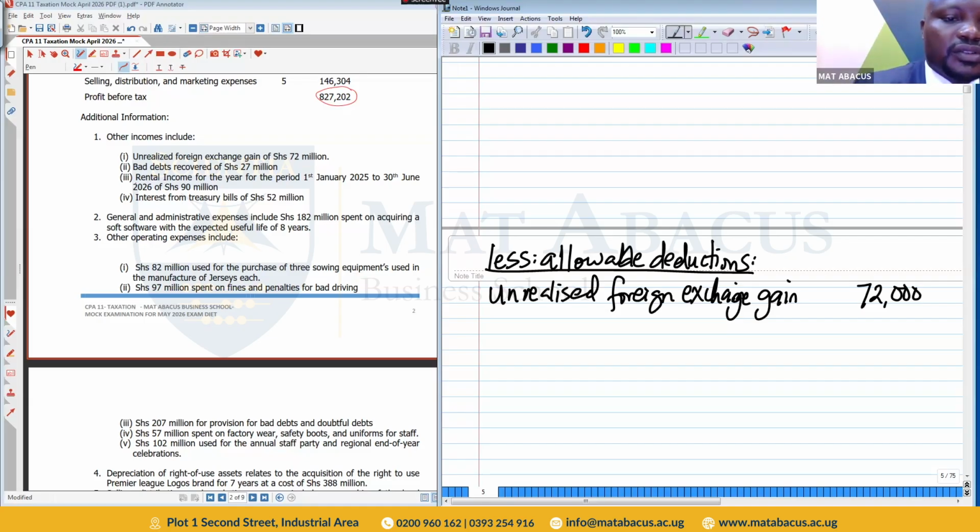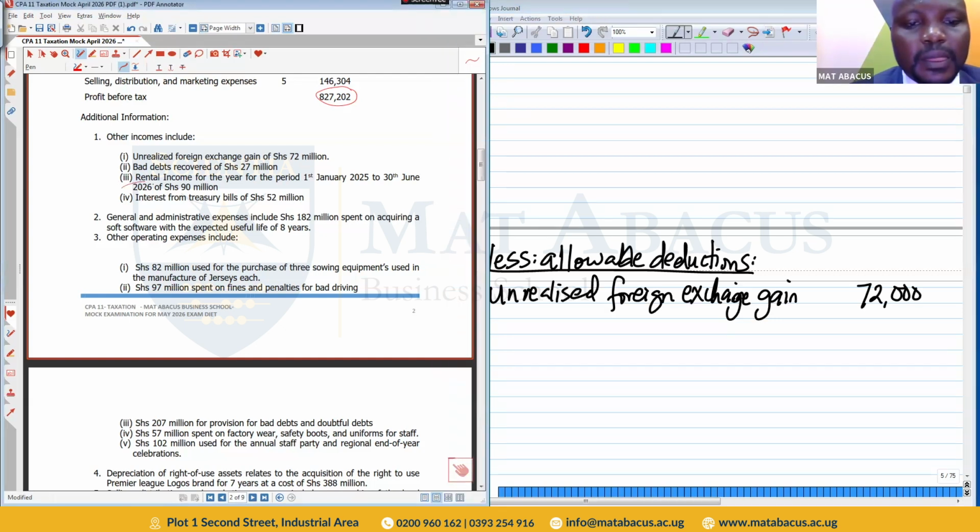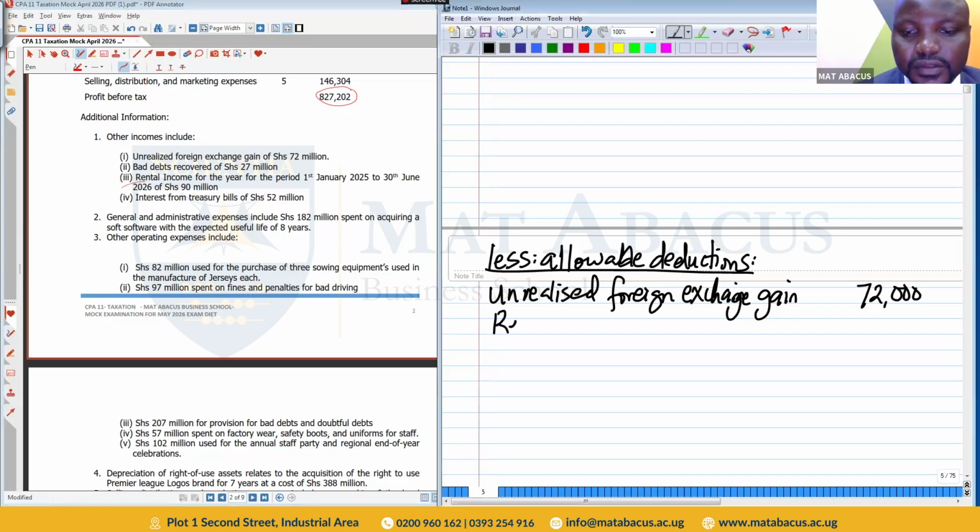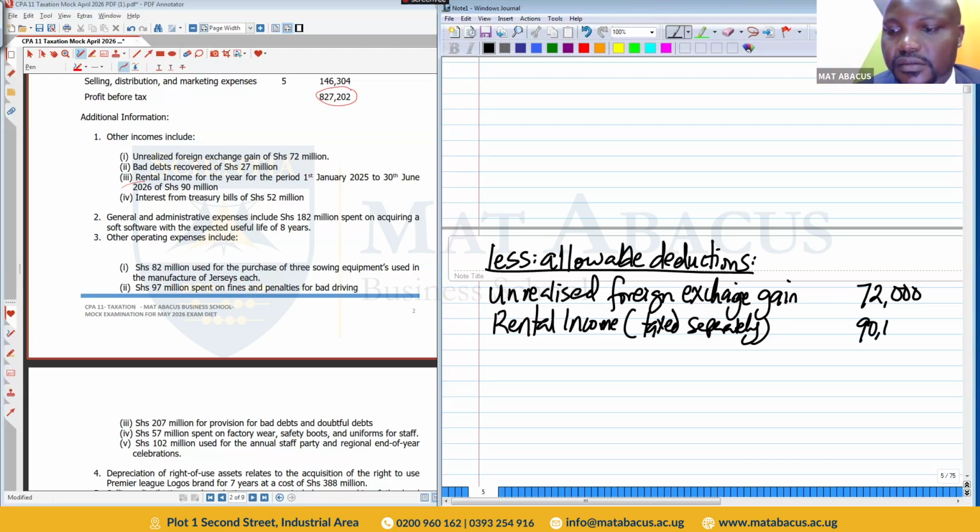Next is rental income. Rental income is taxed separately, so we remove it from here. So rental income of 90 million.